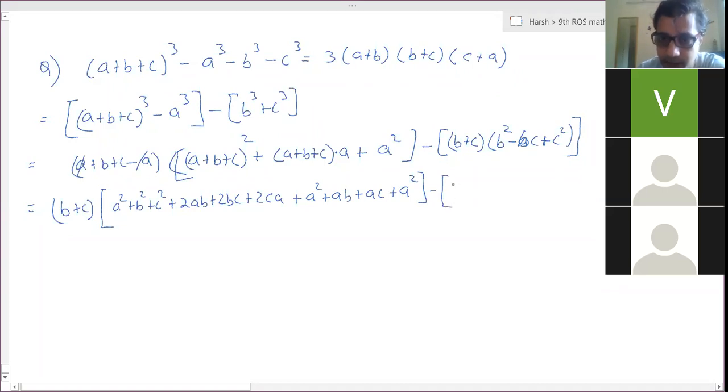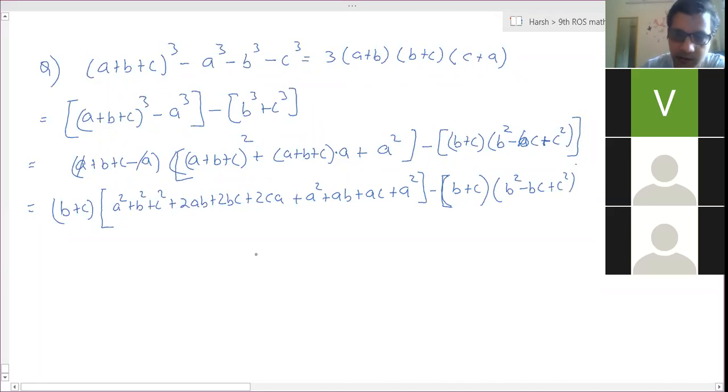Now here we can keep it as minus B plus C into B square minus BC plus C square only.